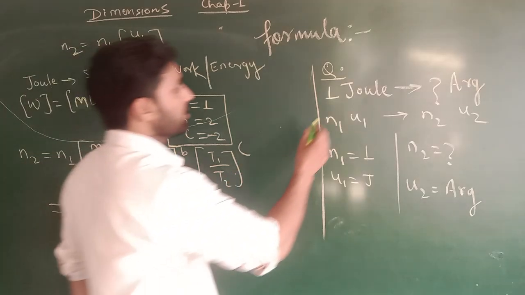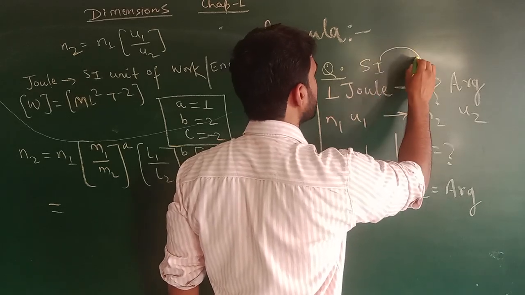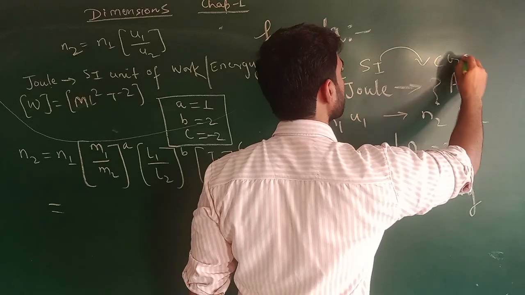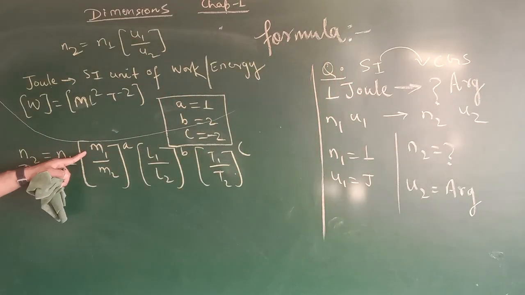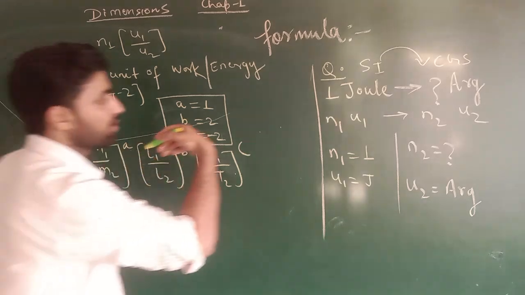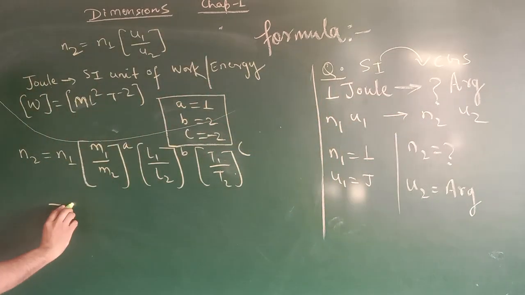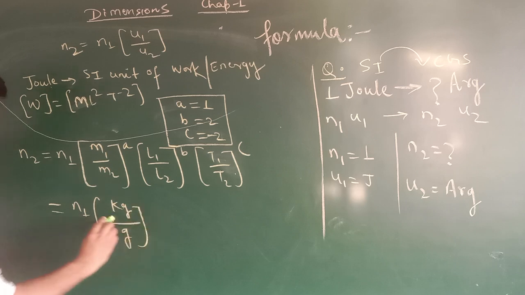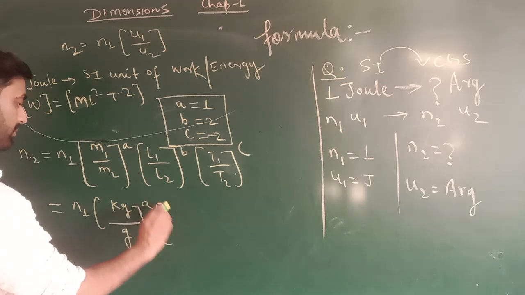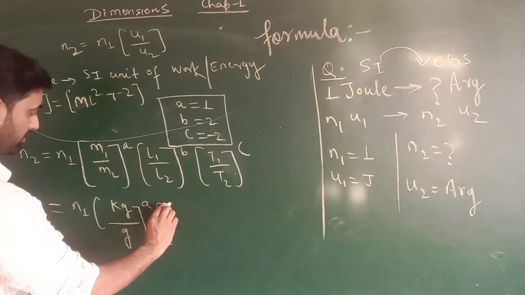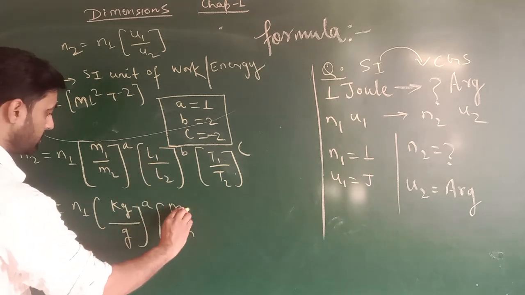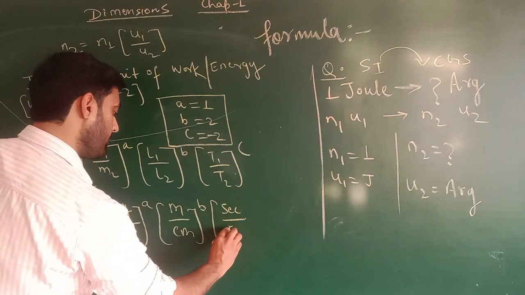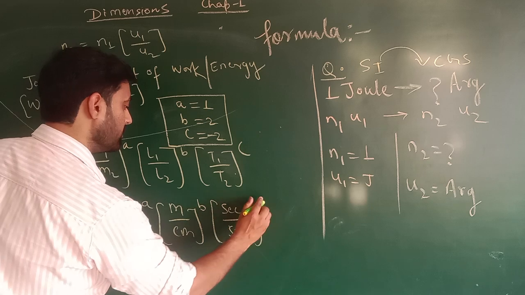Our task is to convert SI unit to CGS. So M1 is subject to u1, so here we write kilogram, and here grams, power a. In place of L1, meter, and here centimeter, power b. Seconds, seconds, power c.